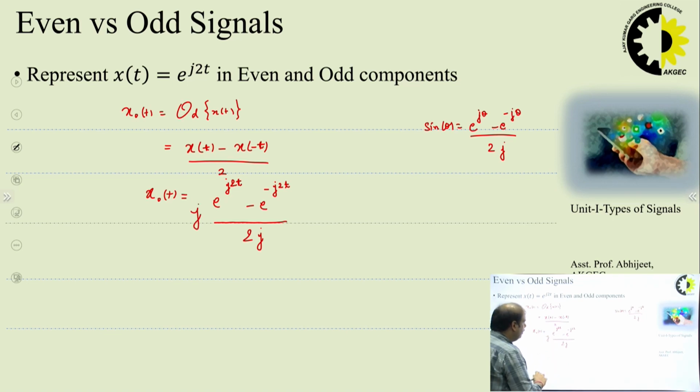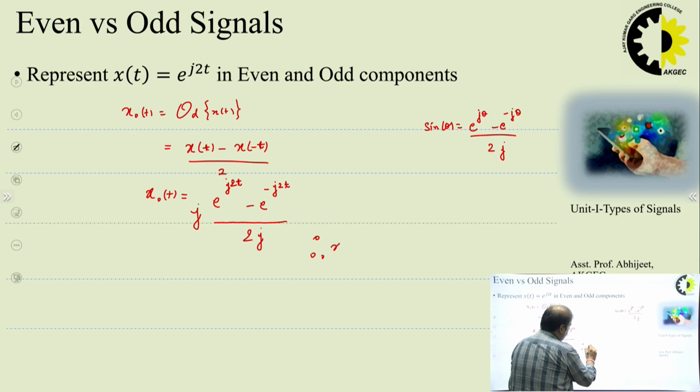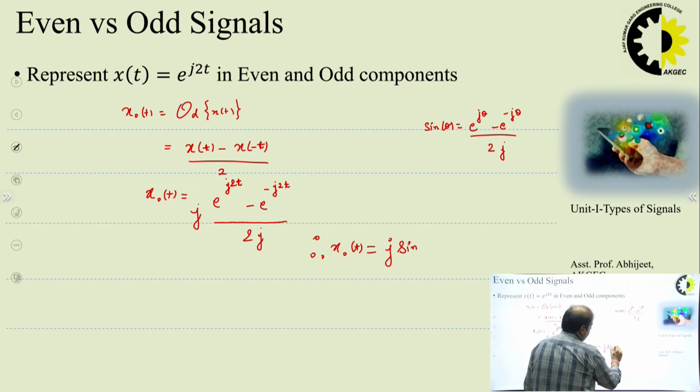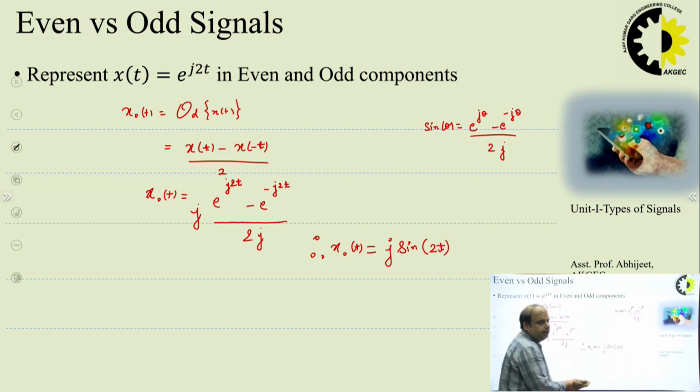If we do that, now this becomes a sine, and therefore the odd component of e raised to the power j 2t is j times sine 2t.